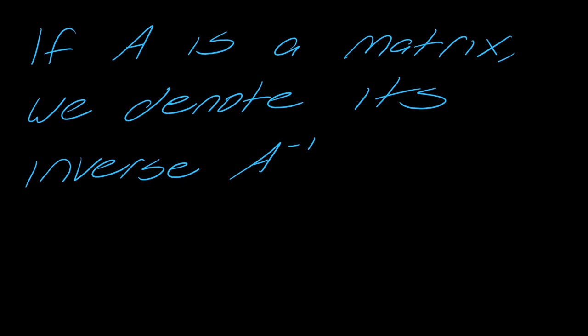Now, if A is a matrix, then its inverse is denoted with similar notation, A to the negative 1. But in the land of matrices, this doesn't mean this is an exponent. This means inverse. So when you talk about real numbers, this can work as a negative, this can work as an exponent. When you talk about matrices, this is actually standing for a concept.